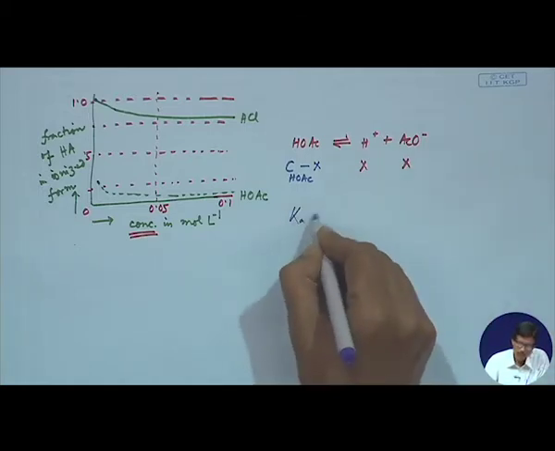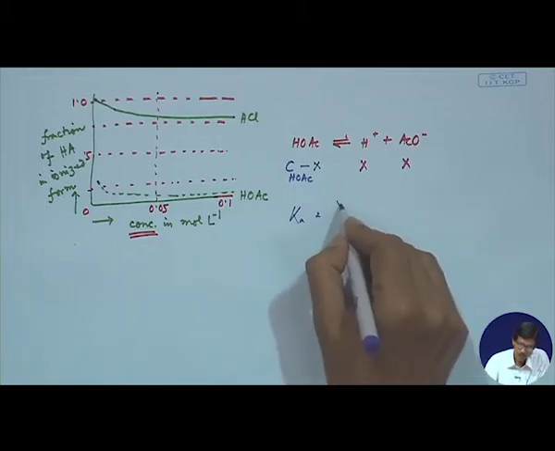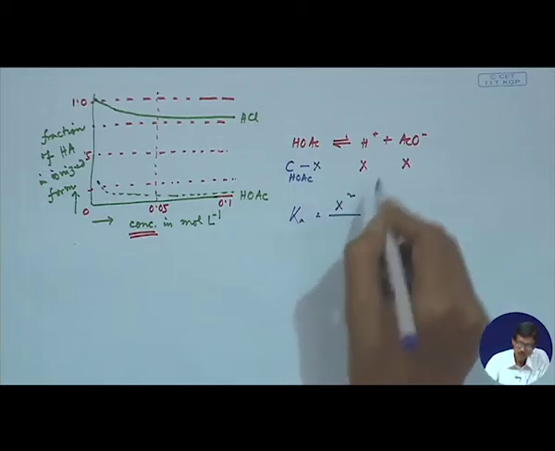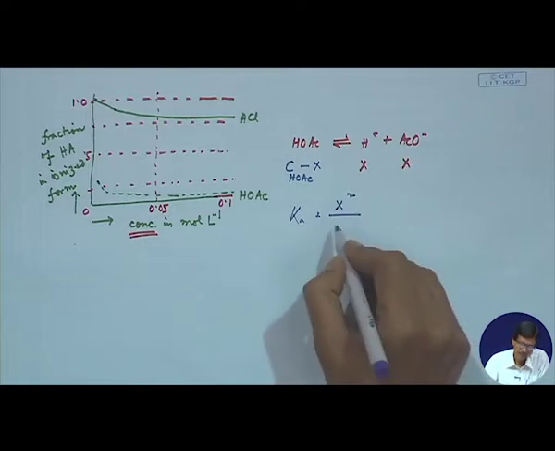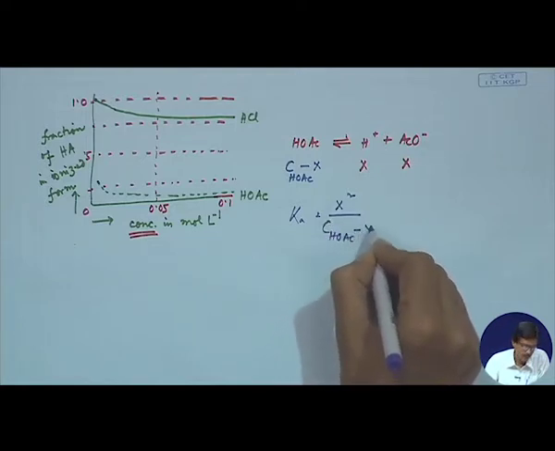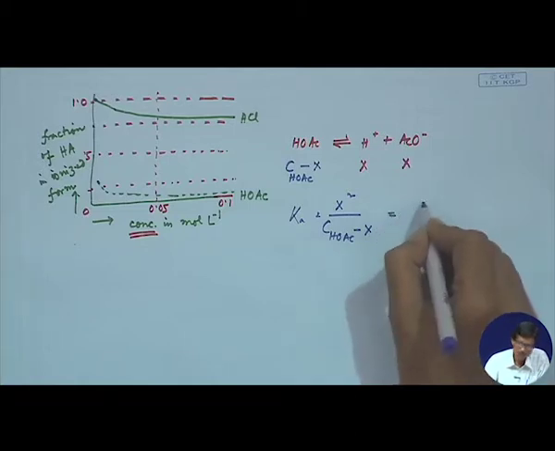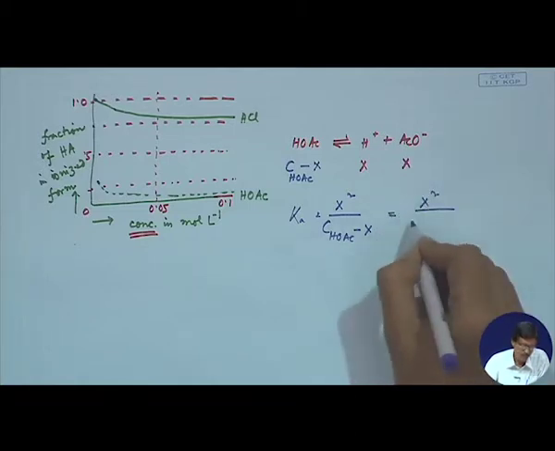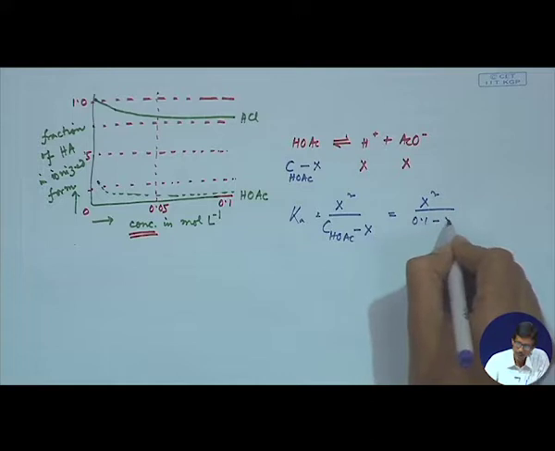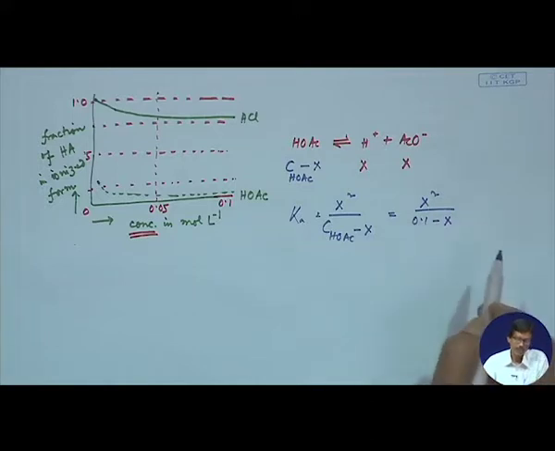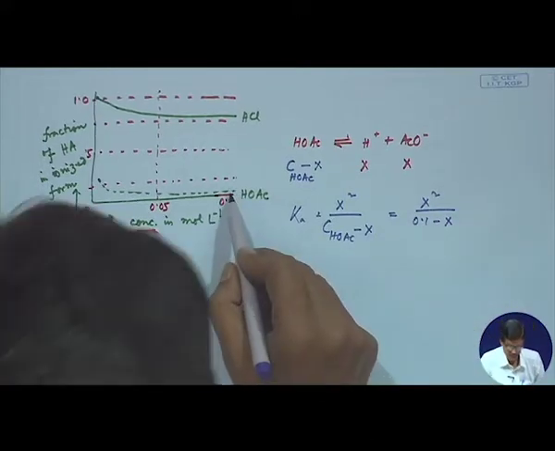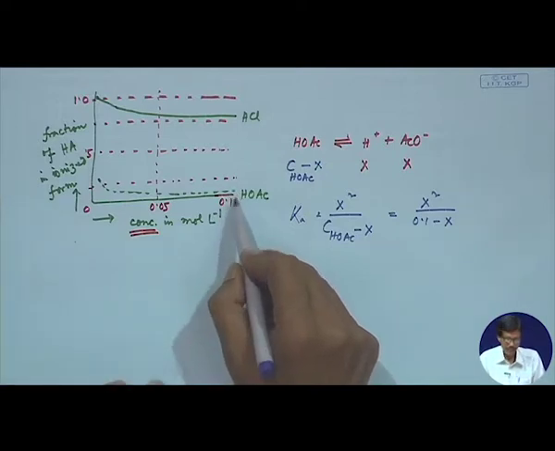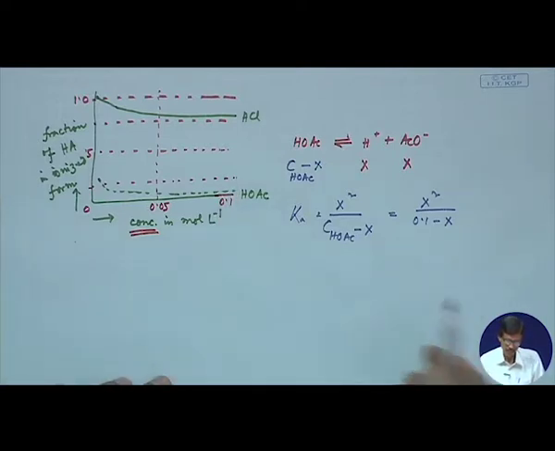As we define Ka, Ka will be x square, the multiplication of these two x, divided by C of HOAc minus x, which is x square over 0.1 minus x, because we are considering acetic acid in this range of concentration.